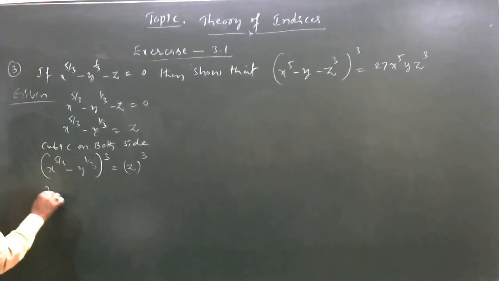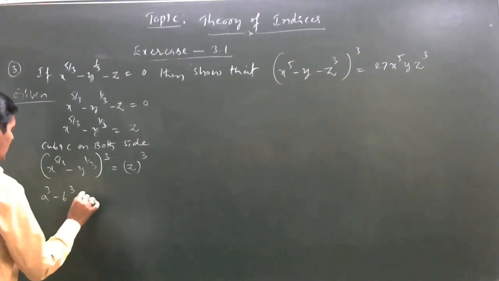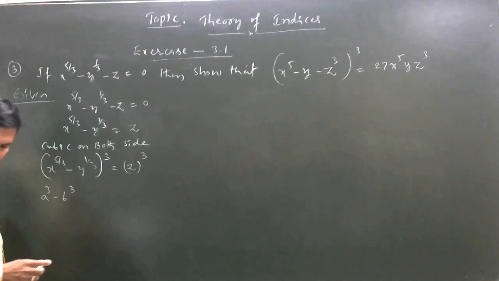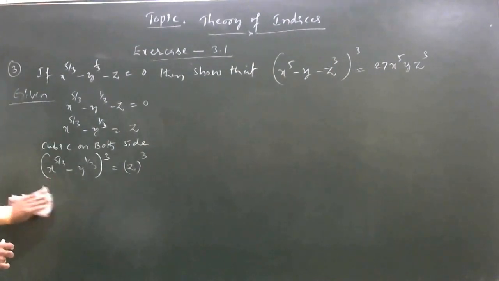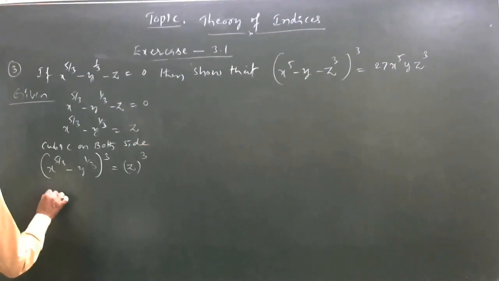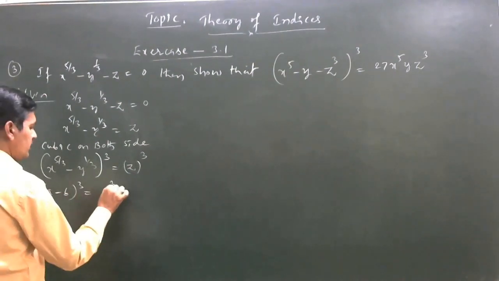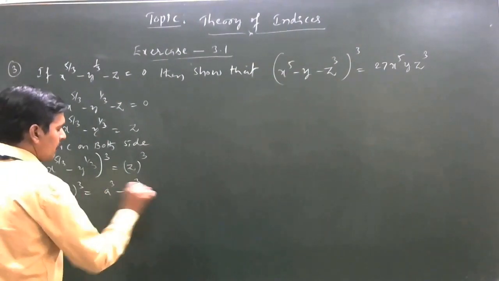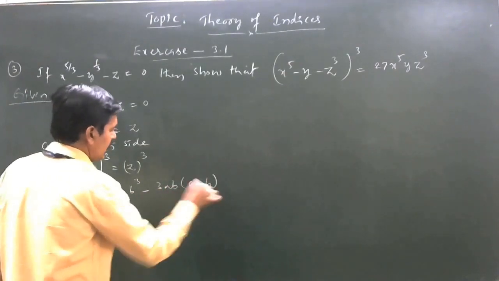Here a cube minus b cube minus 3ab into a minus b equals a minus b whole cube.